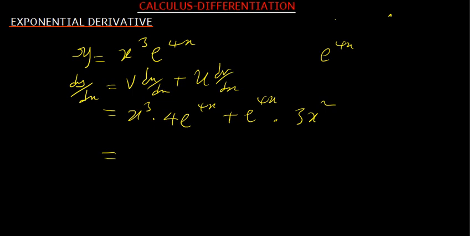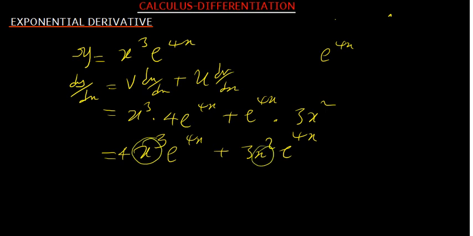So at this point I can also write this as x. Of course this 4 can multiply with that, so that is going to give 4x to the power 3 e to the power 4x, and then plus, let's write this in front, so that will be 3x squared e to the power 4x. Now we can factorize out x squared because it's common, and e to the power 4x is also common on both sides.